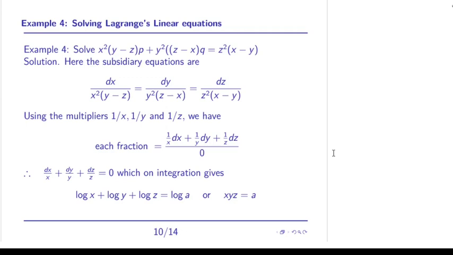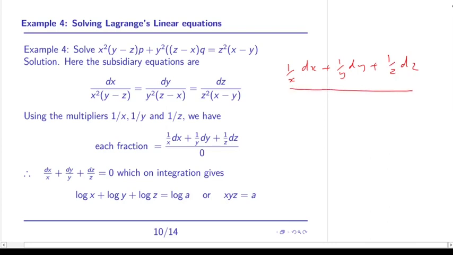So multiplying, we get 1 by x dx plus 1 by y dy plus 1 by z dz divided by x into y minus z plus y into z minus x plus z into x minus y.